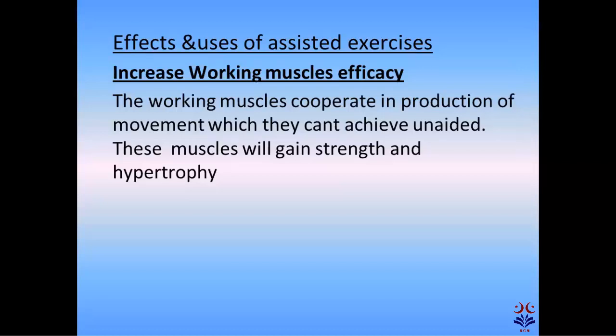These muscles will gain strength and hypertrophy with time, and when we keep on exercising, the working muscles will gain power and endurance, and they are hypertrophied after repeated exercises. This will help in performing the activities of daily living and the other things which are required by the patient.